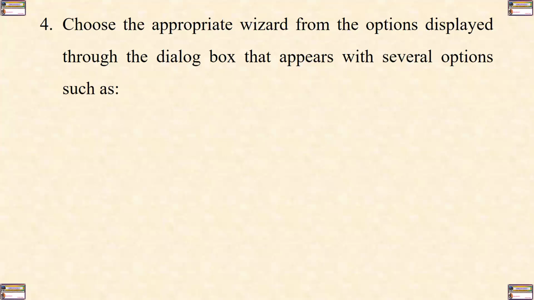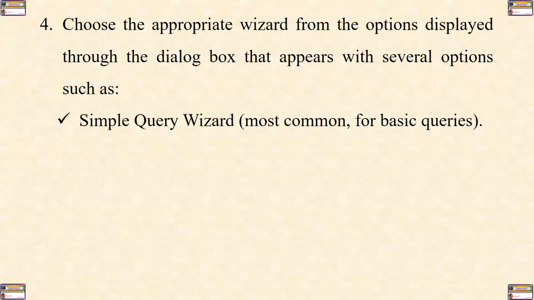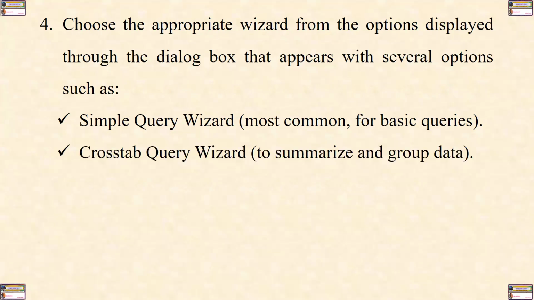Some of the options that you can choose from the dialog box that will appear include Simple Query Wizard, which is the most common for basic queries. Or you can select the Crosstab Query Wizard, which is used to summarize and group data.